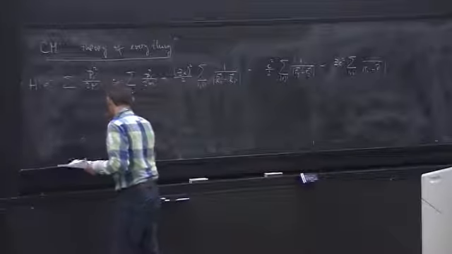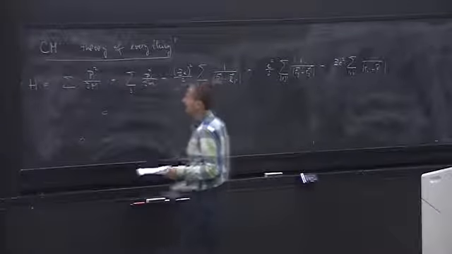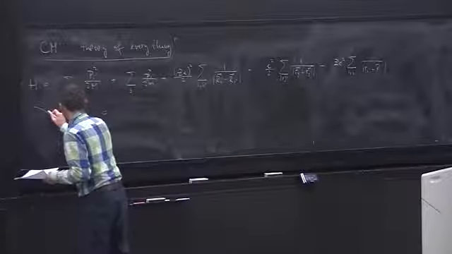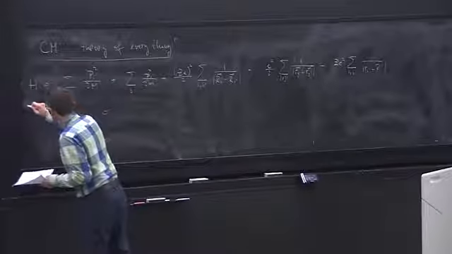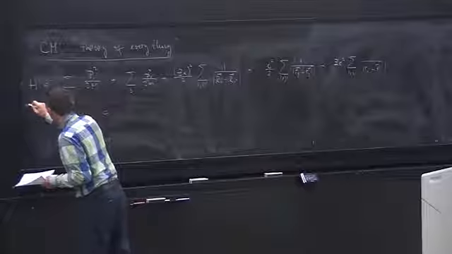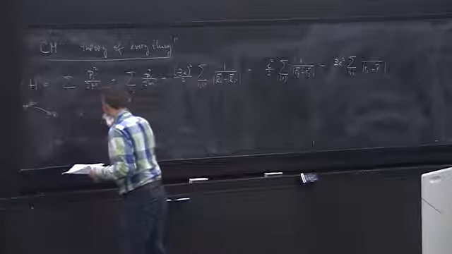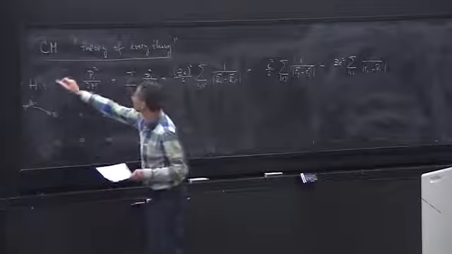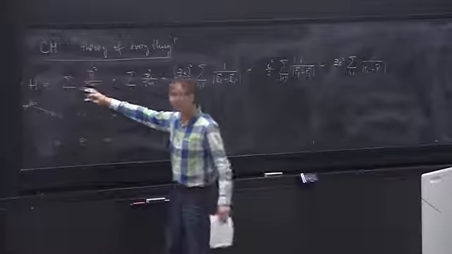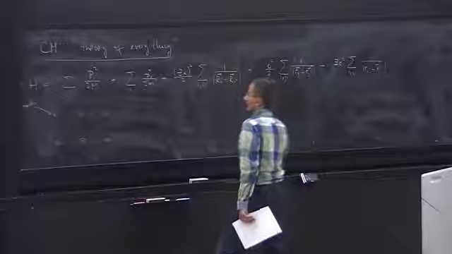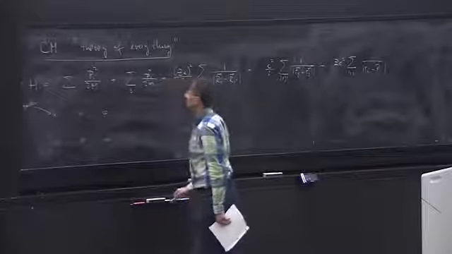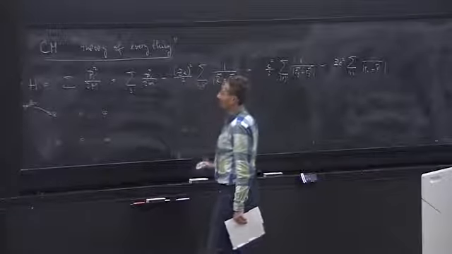So what you see here: a solid is composed of typically some lattice of nuclei that are positively charged, and they form a lattice. The first term is the kinetic energy of those nuclei. They have mass M and charge Z times e.